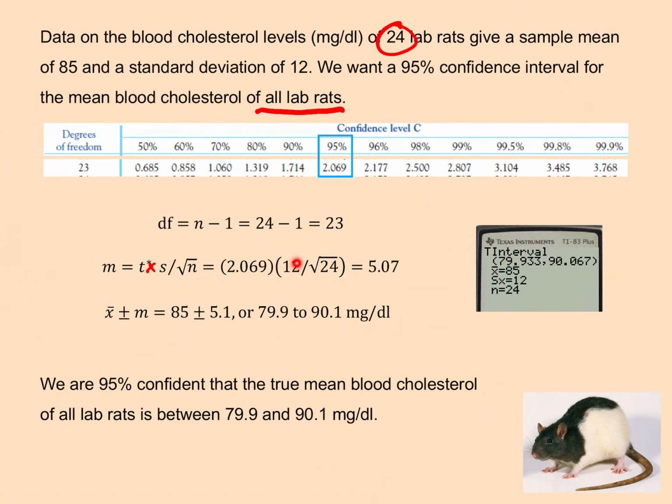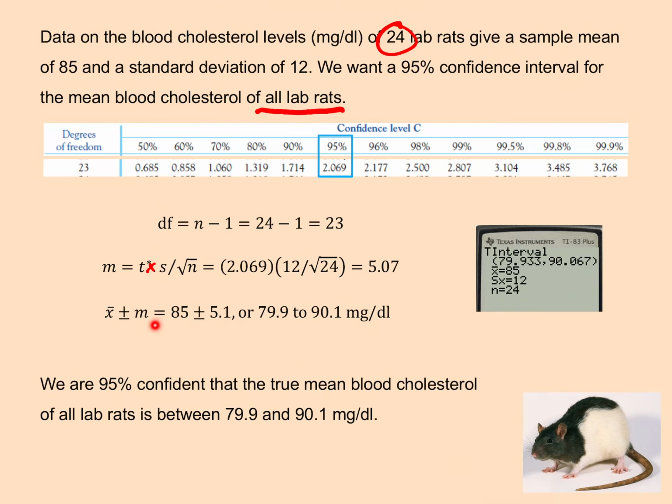So plug in your t from the table, 2.069, and multiply that by the standard deviation of 12 over the square root of 24, our sample size. Work out all the math, and we get a margin of error of 5.07. This is not a t-statistic. We used our t-statistic to calculate this, which is the margin of error.